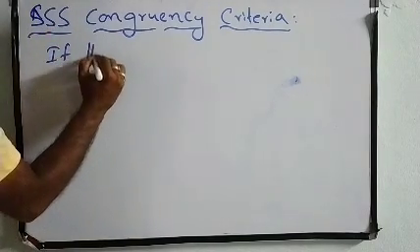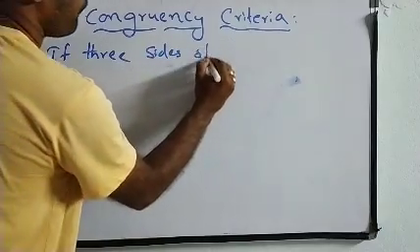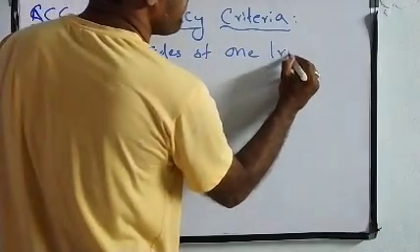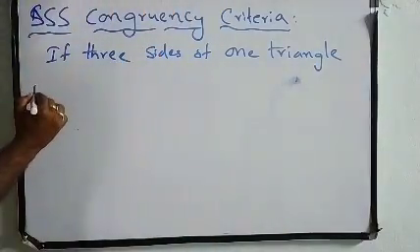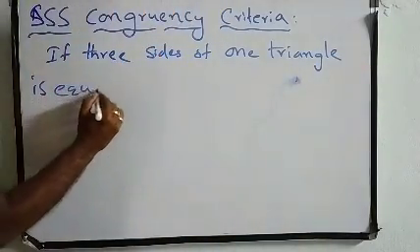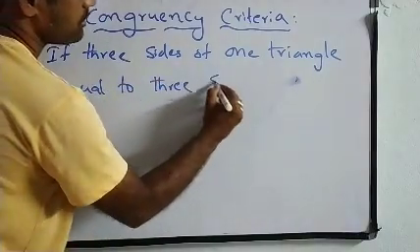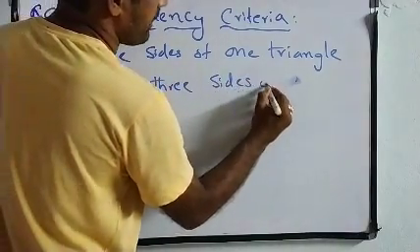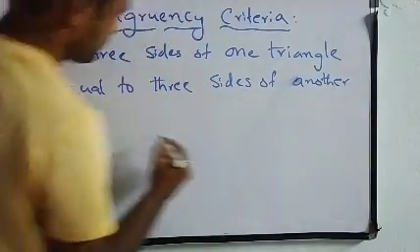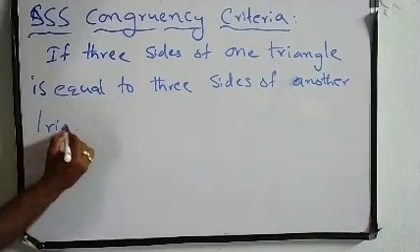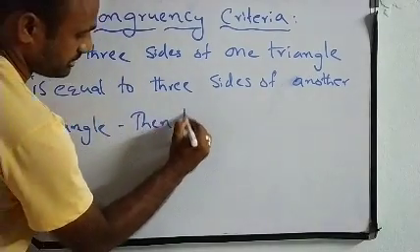If 3 sides of one triangle are equal to 3 sides of another triangle, then the 2 triangles are congruent.